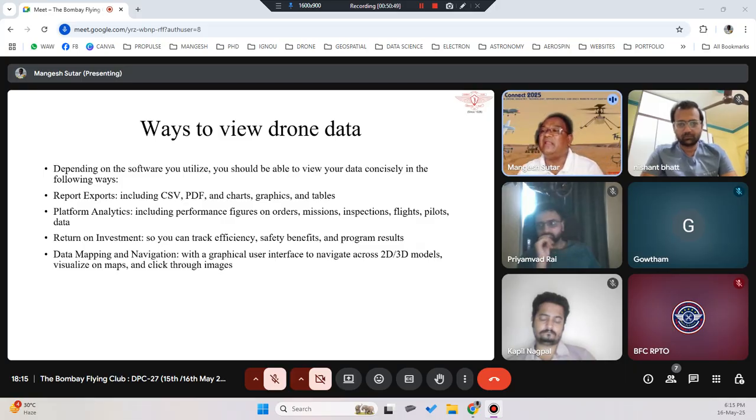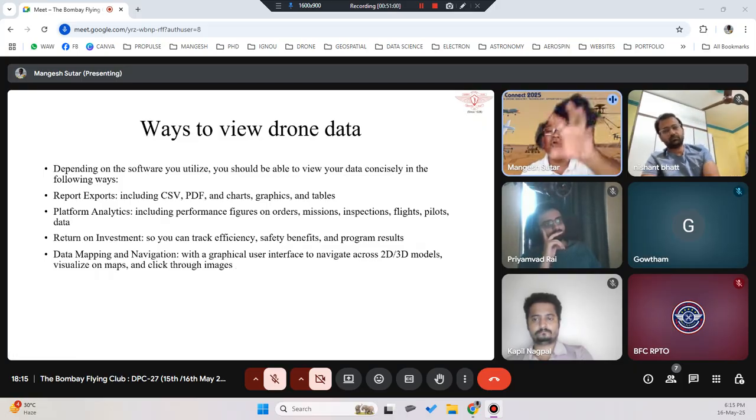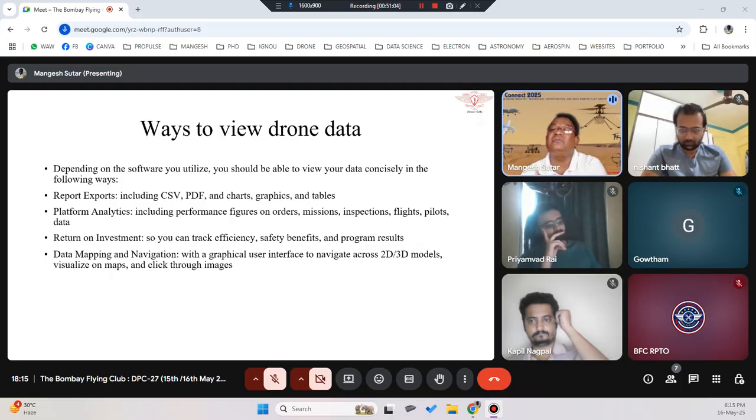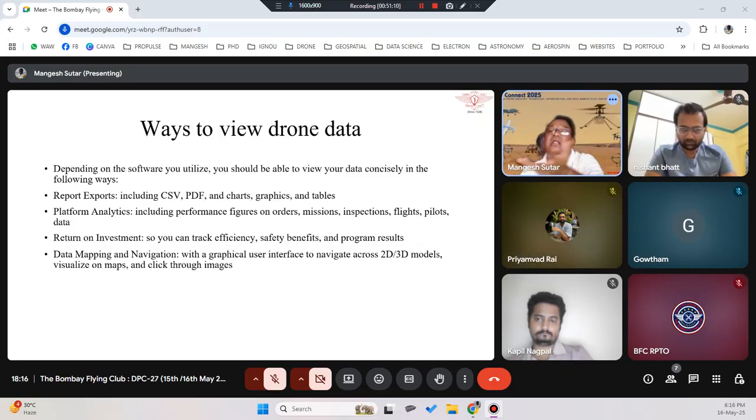Data mapping and navigation with a graphical user interface lets you navigate across 2D and 3D models visualized on maps and click through, like how we survey Google Earth. हम लोग Google पे जाके every location देखते रहे. These are nothing but images. The same thing can be done in the software with the data we have captured. So you can have a 3D view of your complete tower there.